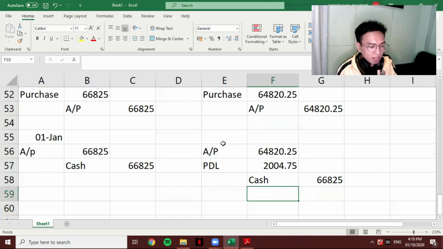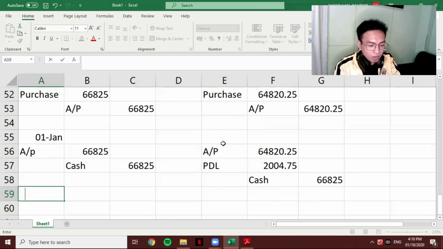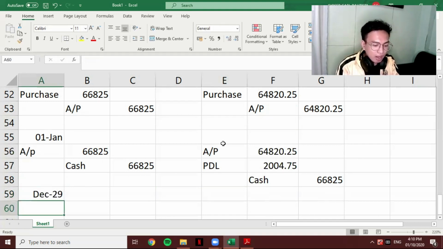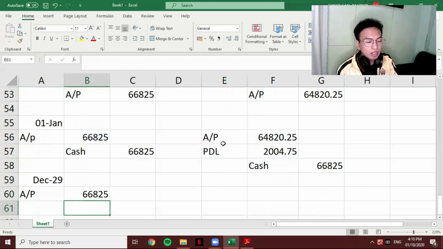Okay. What if they paid within naman? AP, let's say 12/29. Our AP is 66,825 sa ating gross method.